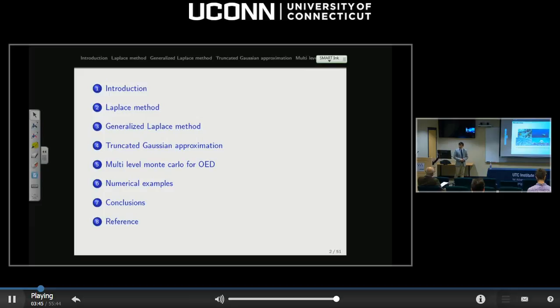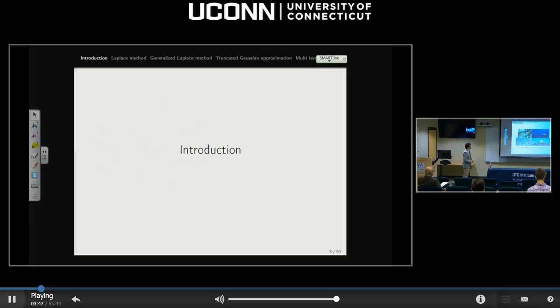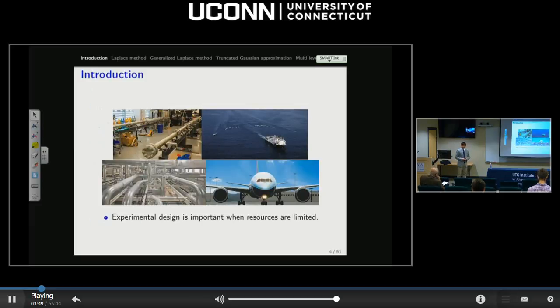This is the introduction. Experimental design is very important when resources are limited. In the first picture, people do experiments in a laboratory. For example, this is a shock tube. They want to do the experiment and take measurements and try to infer the reaction rate of the combustion process.